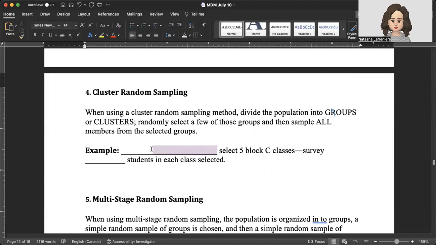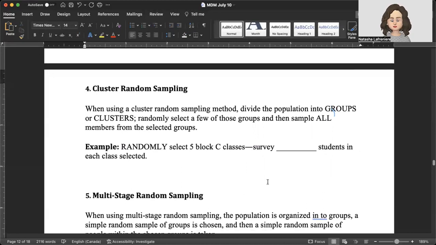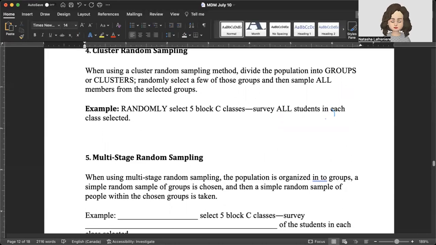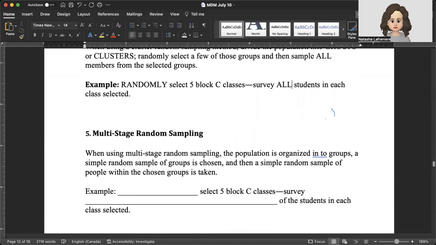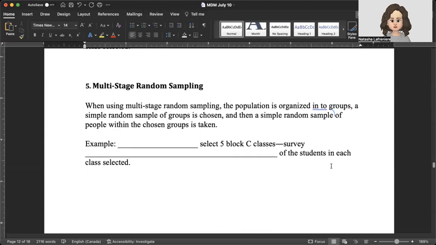Okay, so for example, randomly select 5 block C classes, survey all students in each class selected. Then we've got the multi-stage random sampling. So when using multi-stage random sampling, the population is organized into groups.